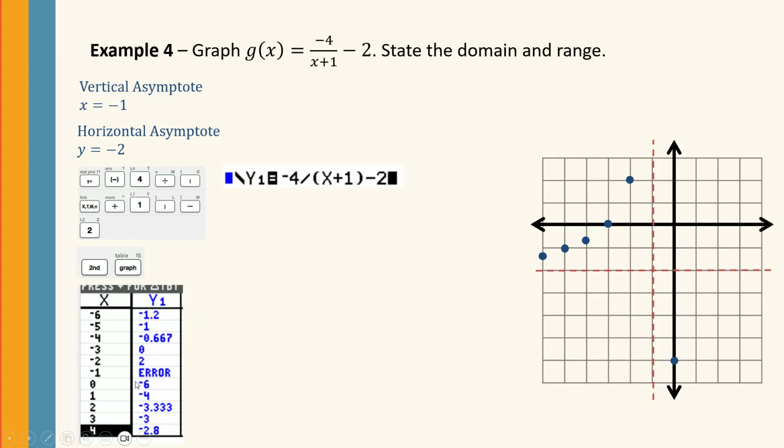That's why we have this error. So then 0, -6, 1, -4, 2, -3 1/3, 3, -3, and 4, -2.8. And then we connect our points to make the two curves of our hyperbola.